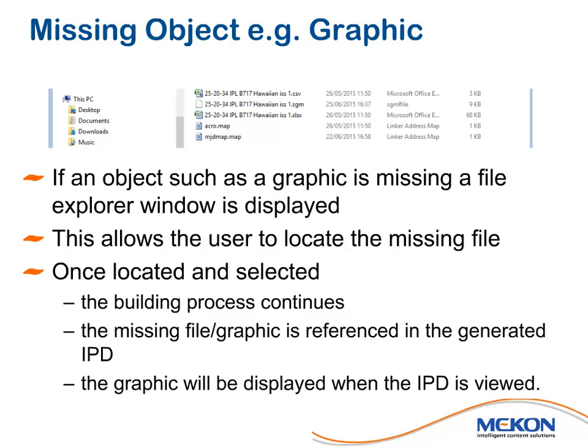If the missing information is something like a graphic file, then the application puts a Windows Explorer up so that you can locate the graphic and select it. Once you've selected, the value, including the path, will be inserted into the generated IPD. And then when you view the IPD, the graphic file will be located in there.